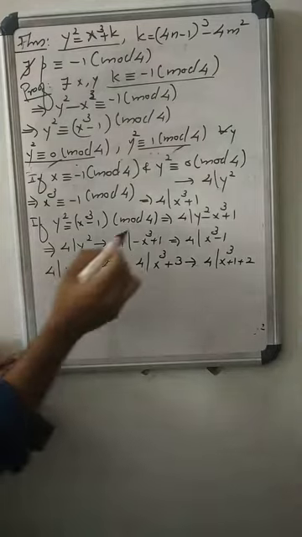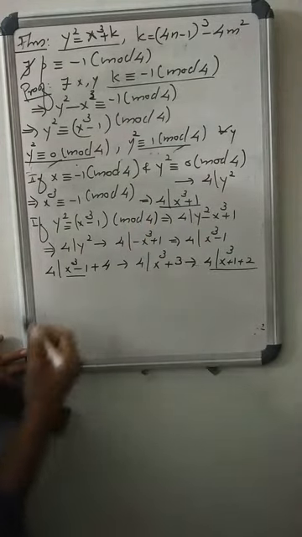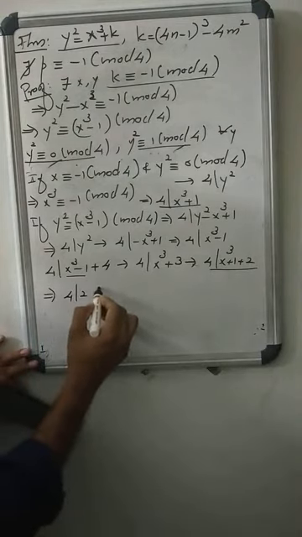Agree. But 4 divides x cube plus 1. So 4 divides x cube plus 1 plus 2 means 4 divides 2 again, which is impossible.